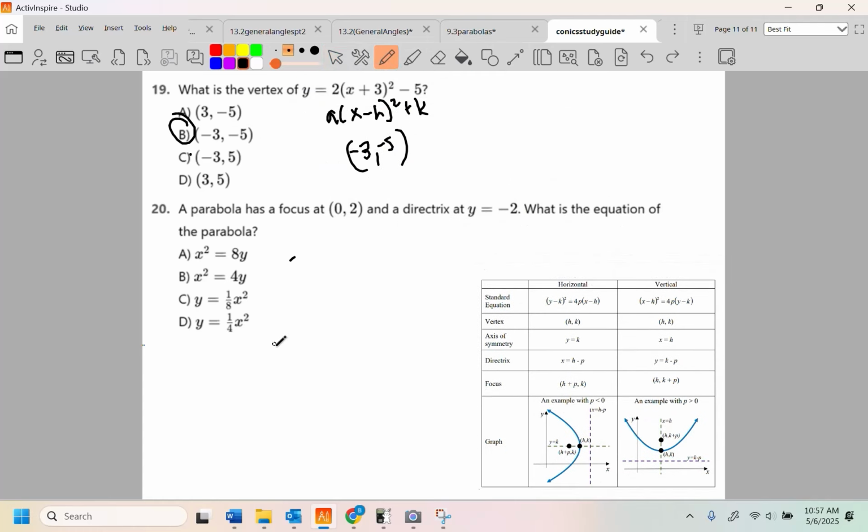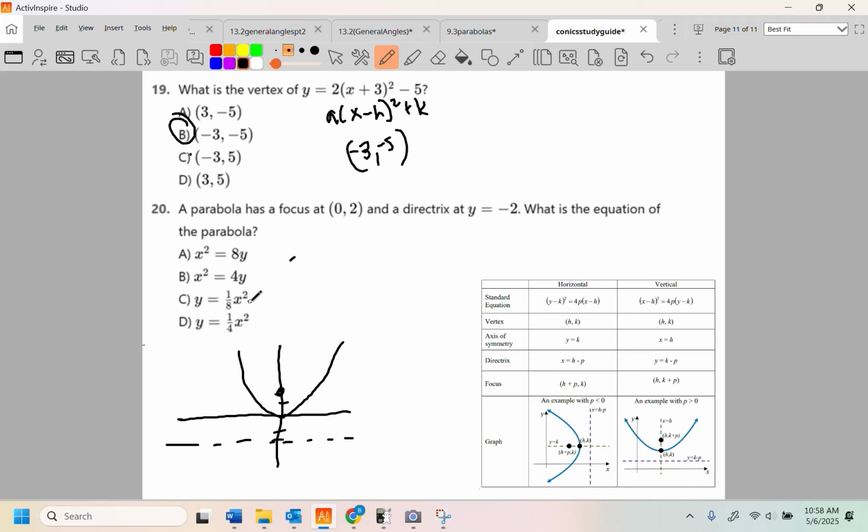All right, let's draw what they've given us. We have a directrix at y equals negative 2 and a focus at 0, 2, and the parabola is going to wrap around the focus. You'll notice that the directrix and the focus are the same distance from the center. That's how I knew the parabola was dead centered. So it's vertical.